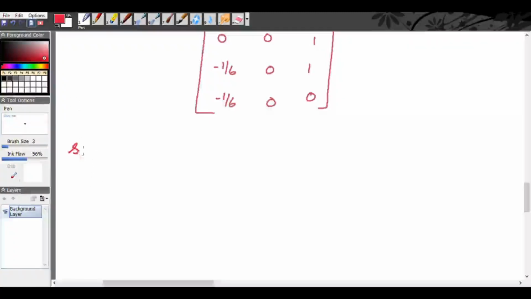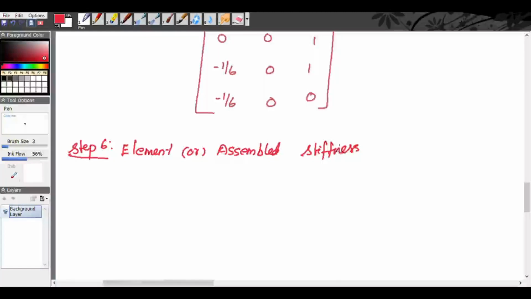Okay. So step 6 is element stiffness matrix, which is also known as assembled stiffness matrix. We all know this is element stiffness matrix because we are taking the stiffness for the elements, and it is represented by small k.